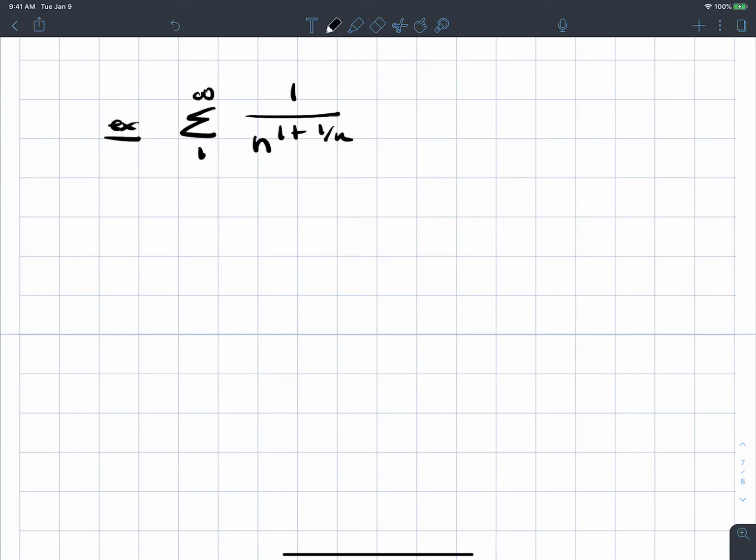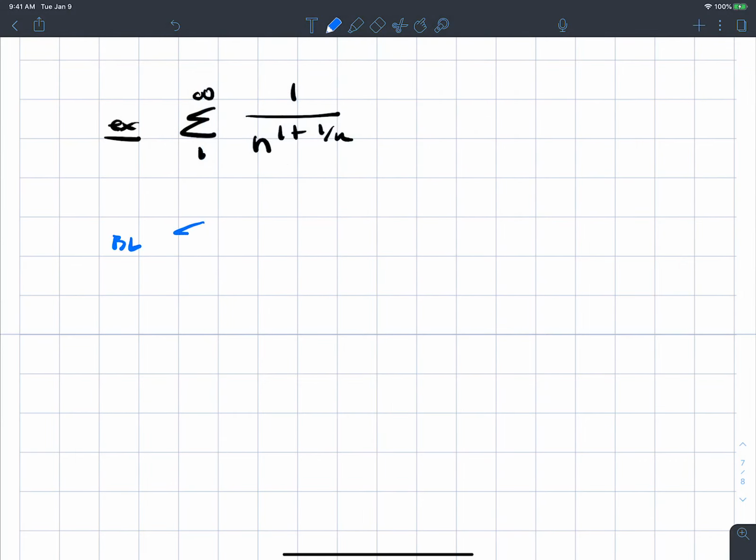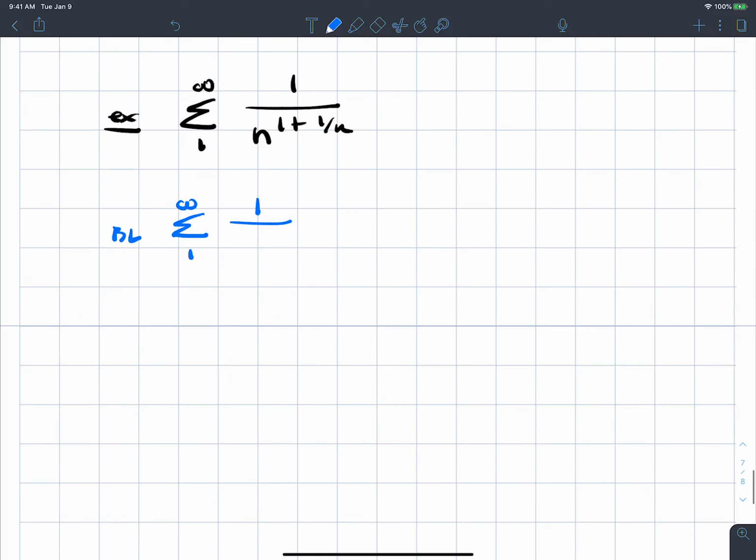Okay. So let's find a series that this behaves like. Now, because I have a bunch of constants, I kind of like that, because if I get rid of some constants here, I could compare it to something like 1 over n to the 1 over n, but then I don't know anything about convergence for that.